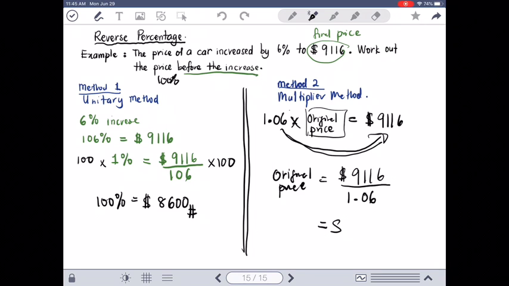So the answer is again the same as the left hand side. If you press your calculator, you will still get the same answer. So it depends on how you want to do it, it doesn't really matter, as long as your workings are clear. You can either use the unitary method or the multiplier method in your exam, as long as you come out with the correct answer.